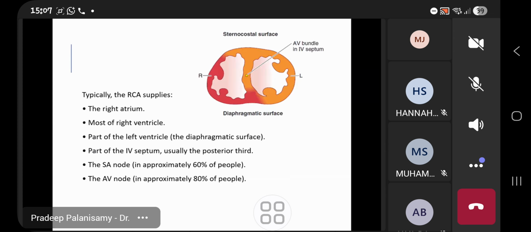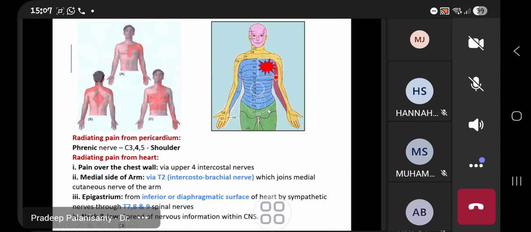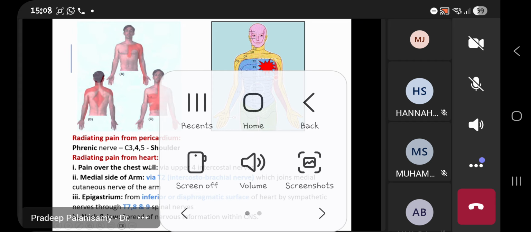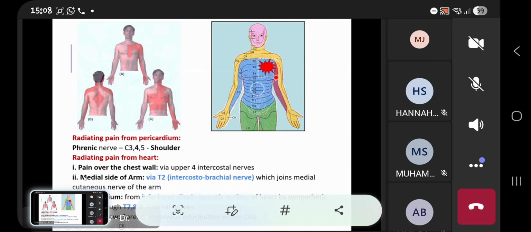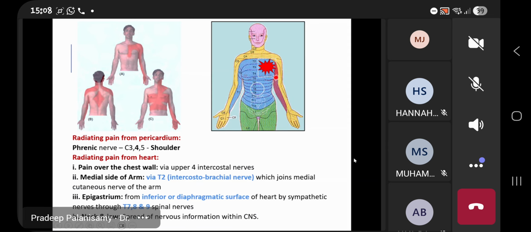These things are also all important, like which artery supplies where and these things. This slide is important as well, because sometimes they can ask you if it is about pain over the chest wall, how is it transferred, or medial side of the arm, how is it transferred.